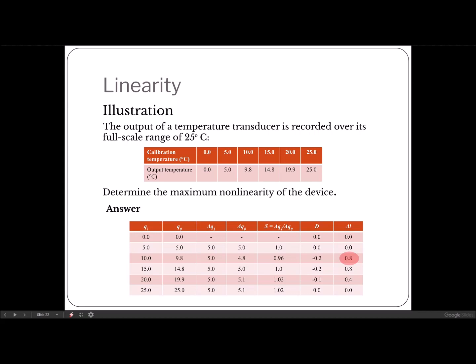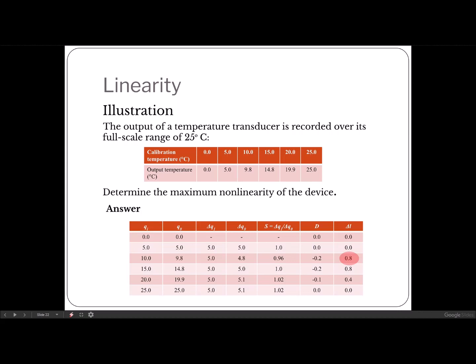So let's take a look at this example. Let's say I have a digital thermometer here, where to check the linearity, I record the measurement for its full scale from 0 to 25 centigrade. It seems that this thermometer only has a range of 25 degrees Celsius.